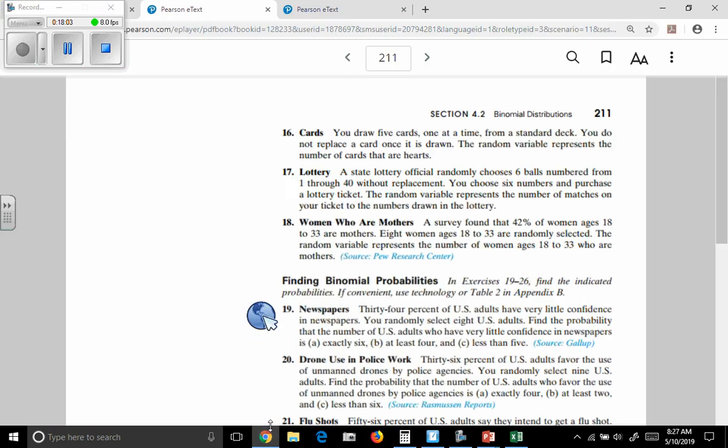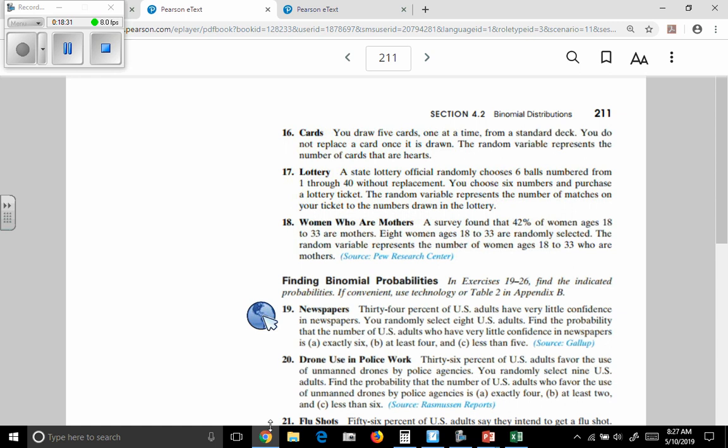All right, let's take a look at a couple problems. Before we do a calculation, let's look at 1 or 2 examples and determine whether or not they're binomial. Number 16 says you draw 5 cards, one at a time from a standard deck. You do not replace a card once it is drawn. The random variable, so what we are counting, is the number of cards that are hearts.